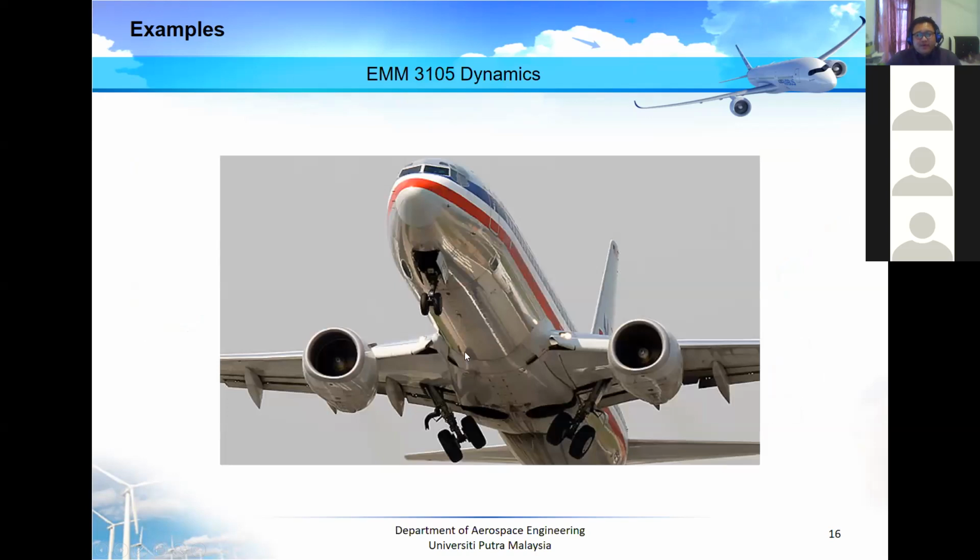Okay, for the aircraft, for the landing gear, just now I was talking about the wings.